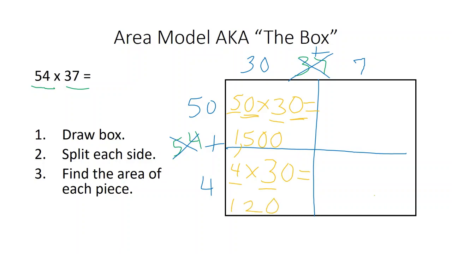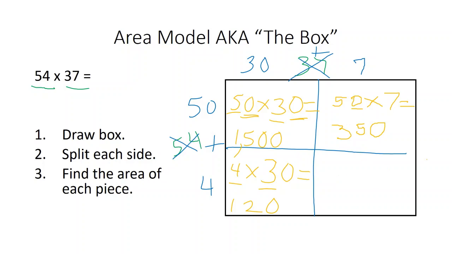We can do that for each one of these boxes. So over here, I pull my 50 from the side and multiply it by my 7 from the top. So my answer here is 35, because 5 times 7 is 35, plus 1 zero, so 350.